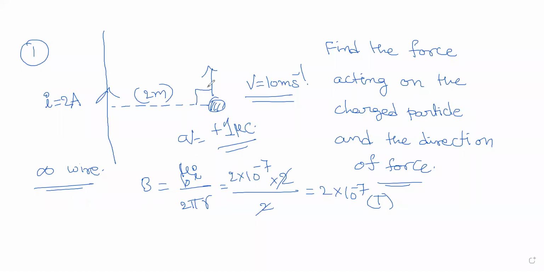Since this angle is 90, what is the direction of the magnetic field? Magnetic field is inwards. So your velocity is upwards, and this shows that the deflection is towards the wire.